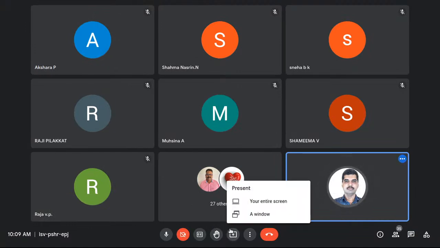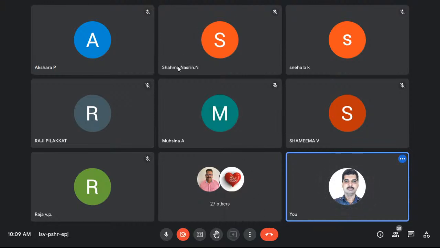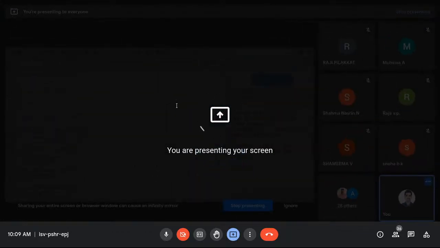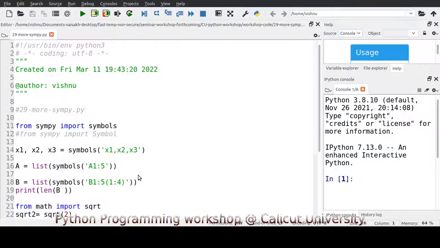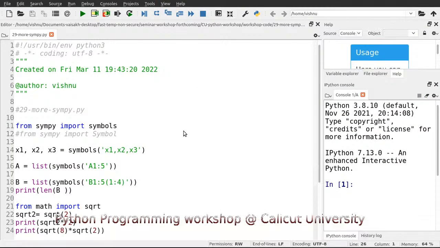Let me start my Spyder interface. Okay, the Spyder interface is here.